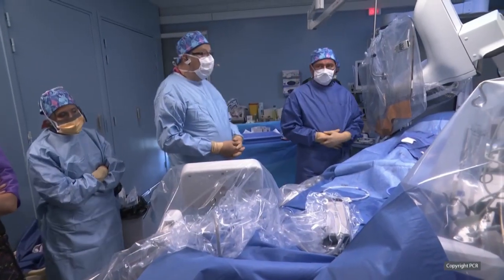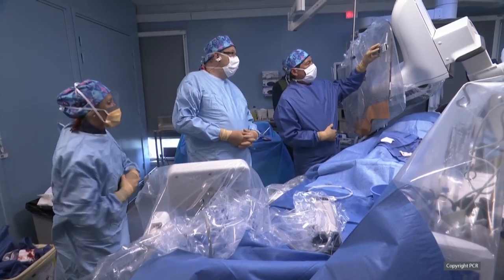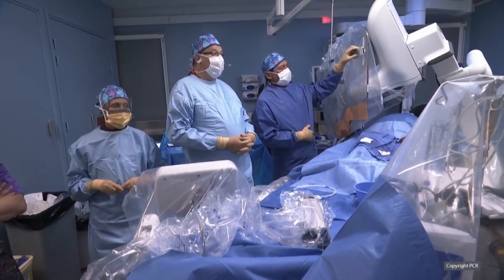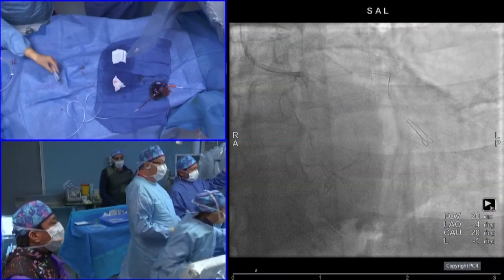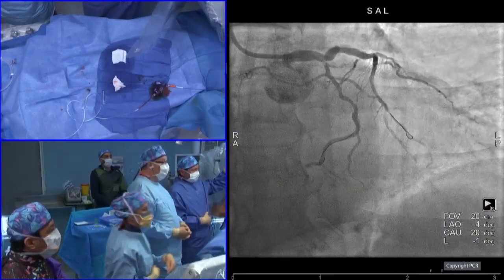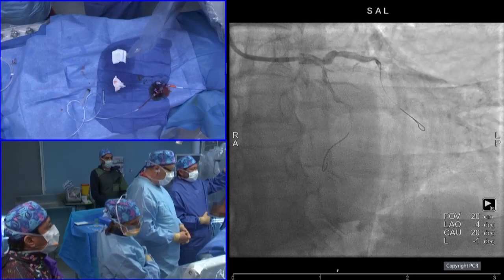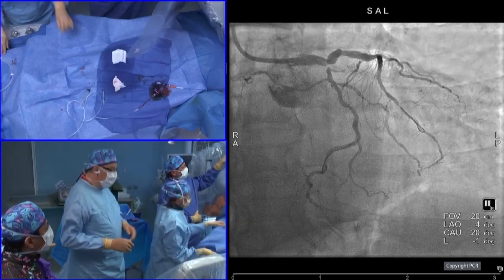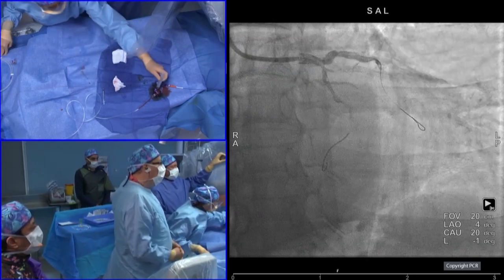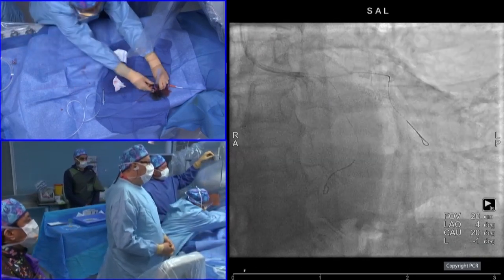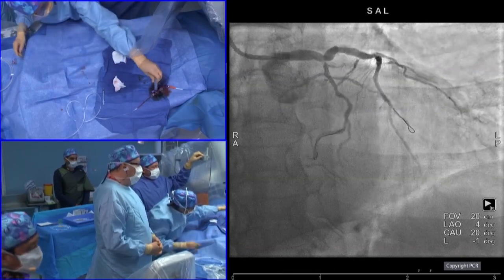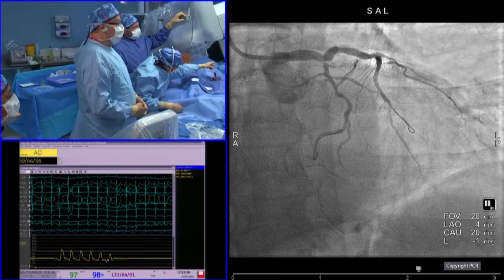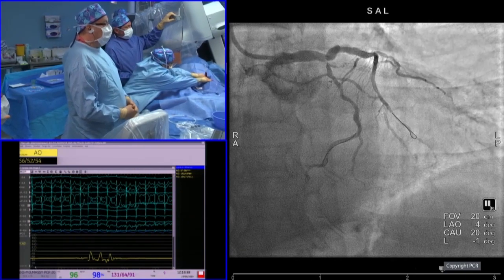So maybe you can show what we have done so far, Philippe. Yes, so we have been in the left main with the 7 French EBU 4.0, and prior to the live, we have wired the LAD and the circumflex with Runthrough coronary wires, and this is the first injection we had.